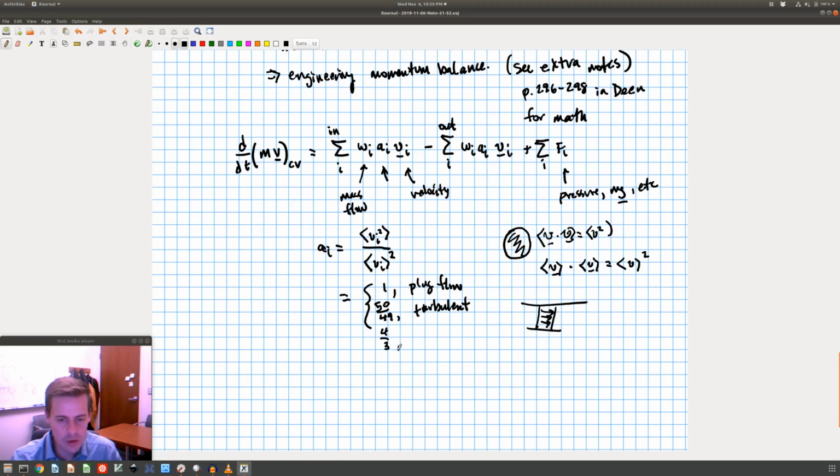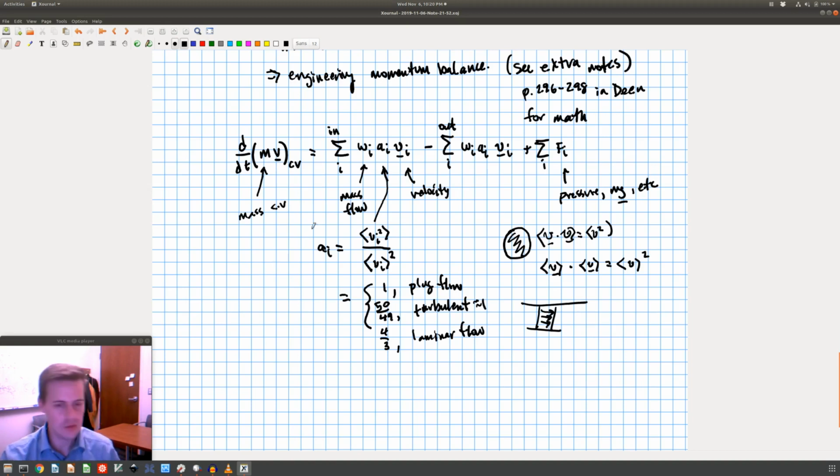And laminar flow is not as close to 1. So for turbulent flow, we often make that one 1 because that's so close to 1. And plug flow is 1. Laminar flow is different enough that we'll plug that in. So this is that A right there. Same thing with this W, A, V. And this, of course, is the mass of the control volume and the velocity of the control volume.